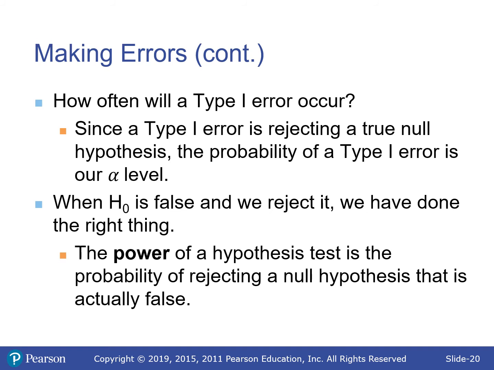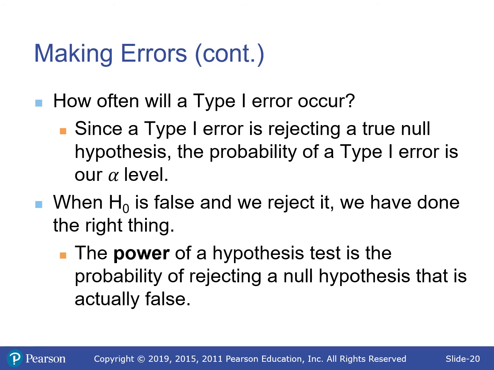When H0 is false and we reject it, well, that's good. That's the right thing. And that's actually called the power. The power is the probability of rejecting the null hypothesis when it is actually false, and it is 1 minus the probability of a type 2 error that we're going to see here in a second.